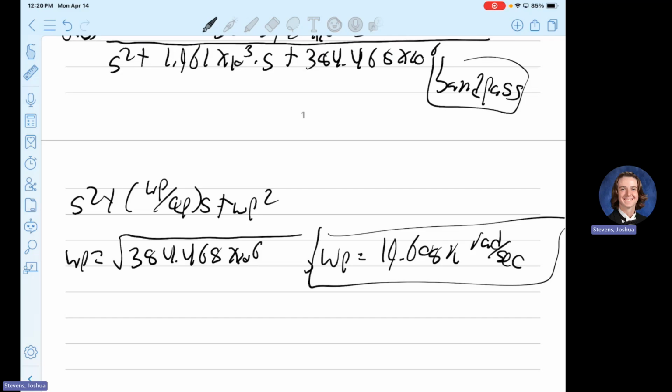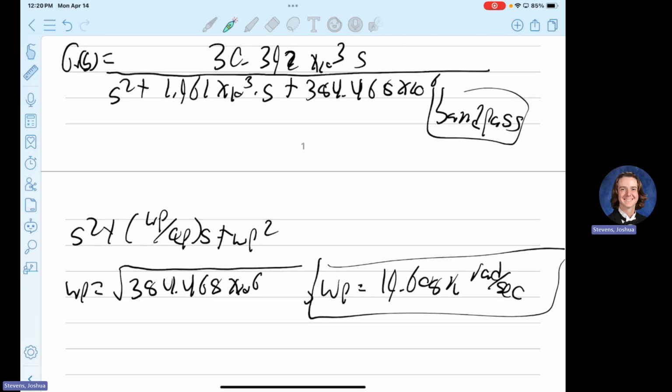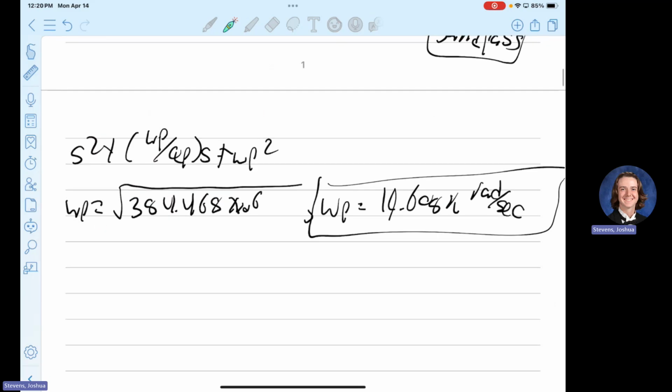Now, what do you want to do next? Exactly. So, by the way, y'all understand the S squared, that this equals that, and that equals that? That makes sense to y'all? So if we want to find QP, this term here, omega P over QP, equals that term. So omega P over QP equals 1.6 times 10 to the third.